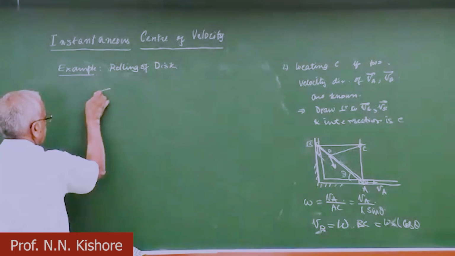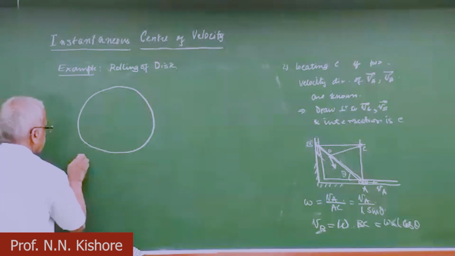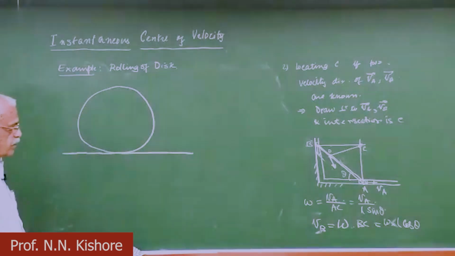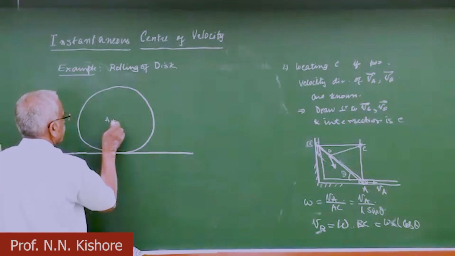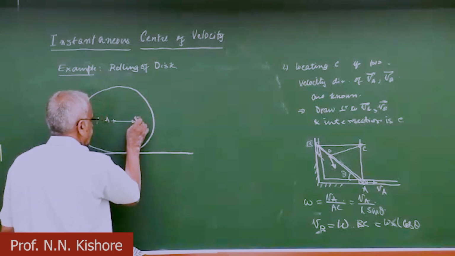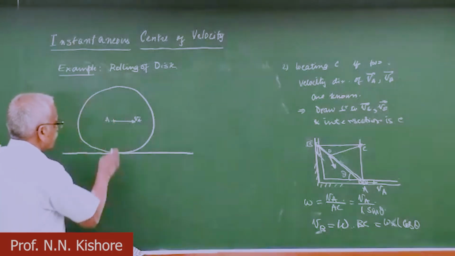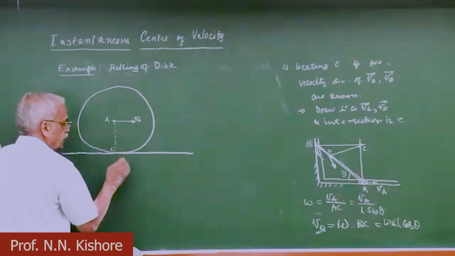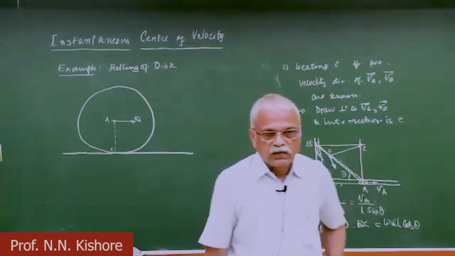This you have done, but from the concept of instantaneous center, if you know the velocity of A like this, in fact you know that the point C has the characteristic that the velocity of C is 0.